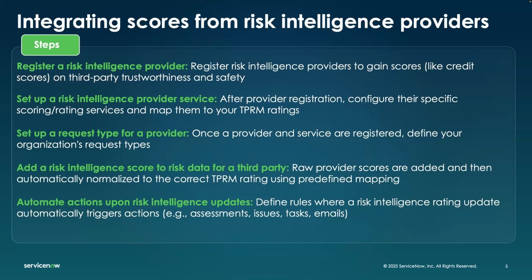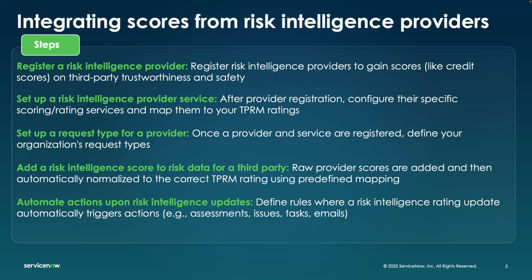Next, you set up a risk intelligence provider service, where after registering, you can configure the specific scoring or rating services from that provider that you intend to use, and critically map their external scores to your internal TPRM rating scale for consistency.